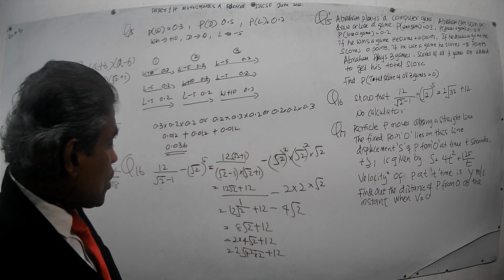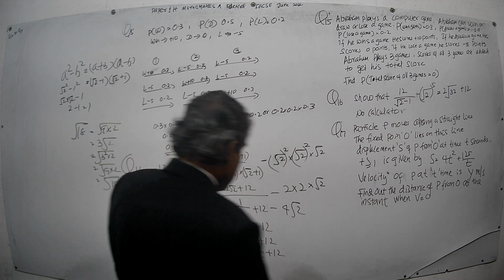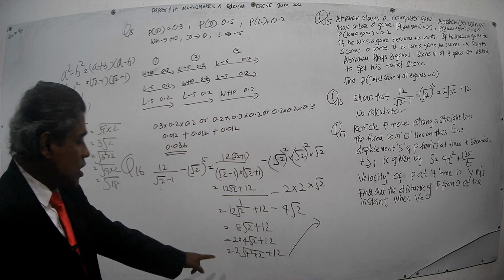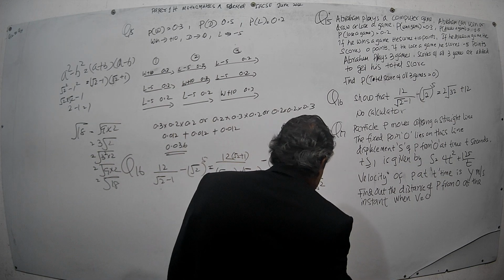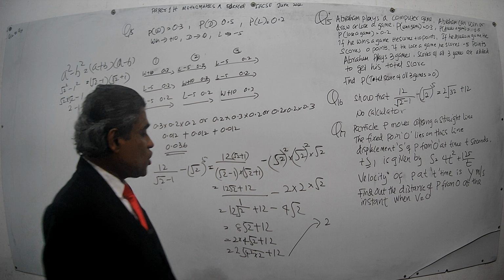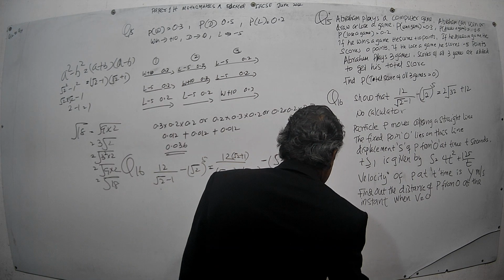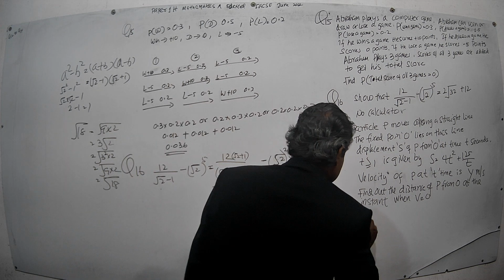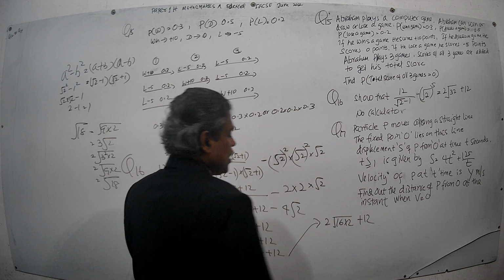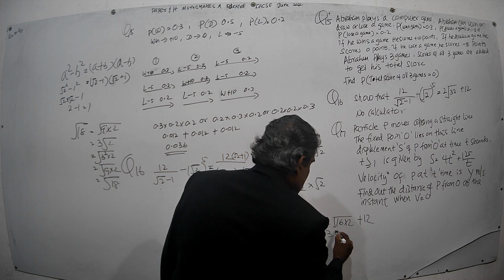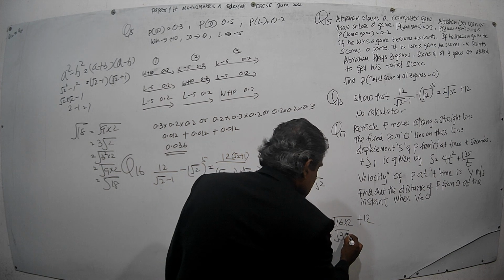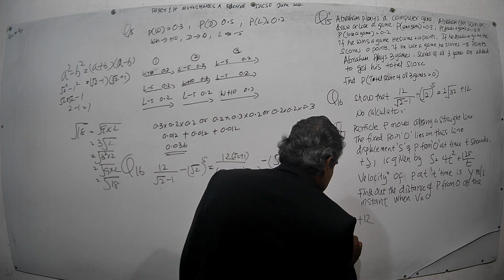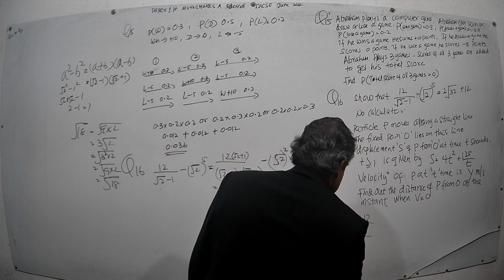Then we have got this 2. Then 4 squared is 16. 16 into 2, then this one plus 12. Then 16 times 2 is 32. Plus 12. Okay, we got the answer.